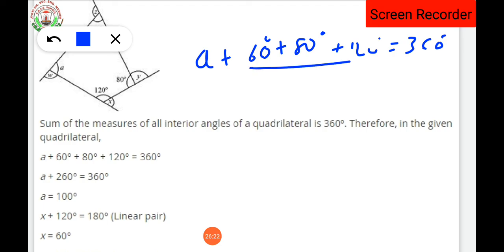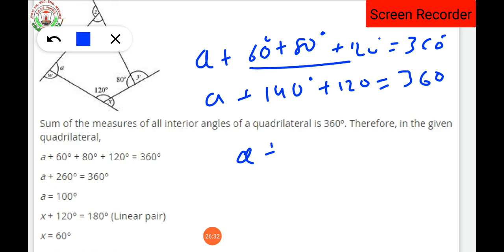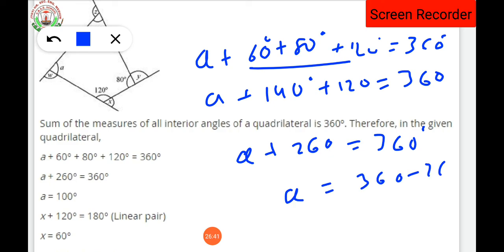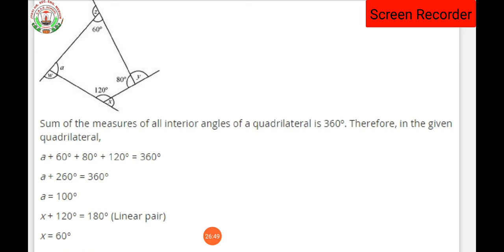Okay, so adding 60 plus 80 will be equal to 140. 140 plus 120 is 260. So a plus 260 is equal to 360. So a is equal to 360 minus 260 degrees. So the value of a we will get is 100. So what is the value of a we are having here? That is 100, isn't it?